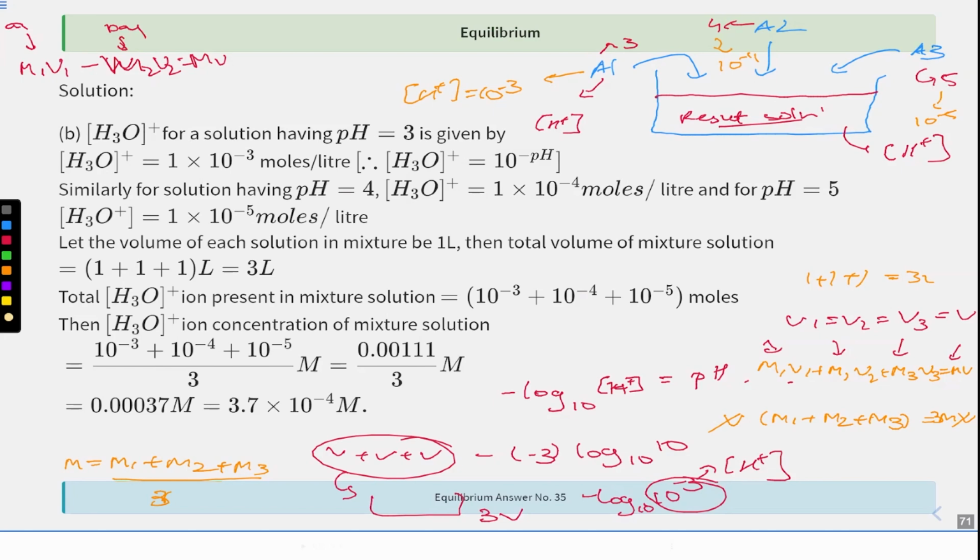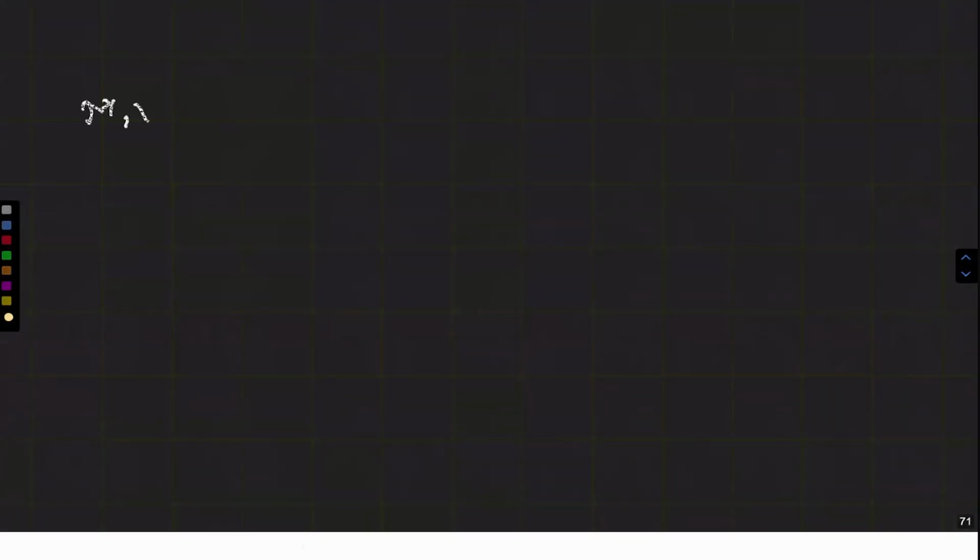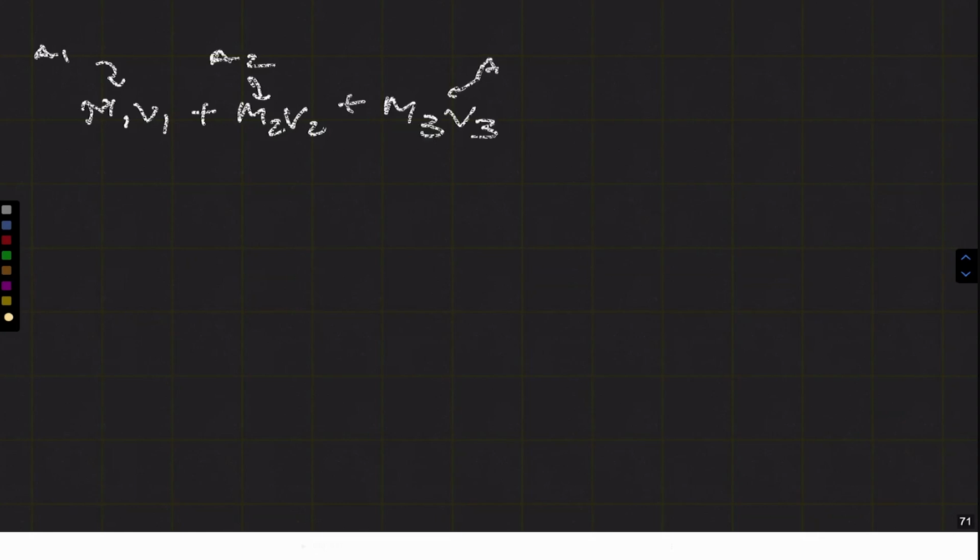So what I did was I took M1V1 from the A1 acid, then M2V2 from the A2 acid, and then M3V3 from my A3 acid. I mixed them, and I got some final MV. Now V1 was equal to V2 was equal to V3, so I can take V common: M1V plus M2V plus M3V.